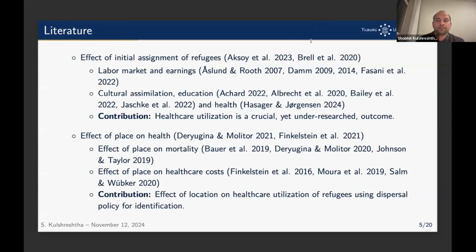Thank you so much. Why am I framing it as a location question and not as a dispersal policy question?